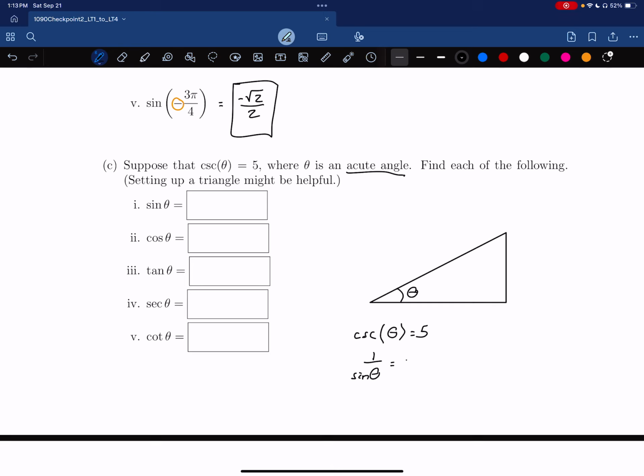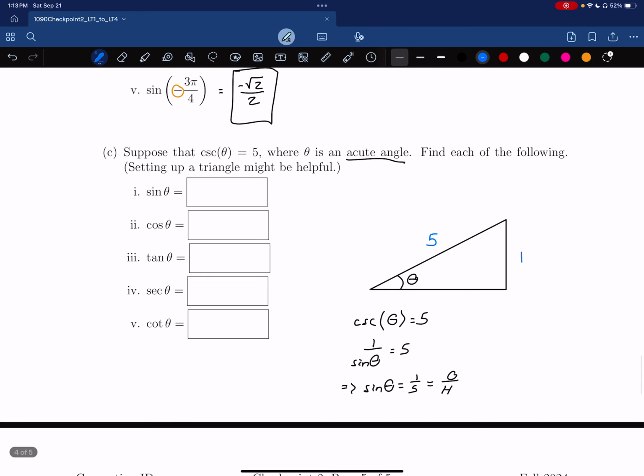So 1 over the sine of theta equals 5. And then rewriting this again, we have sine of theta is equal to 1/5. And sine relates to the opposite over the hypotenuse. So our opposite value will be 1, and our hypotenuse will be 5.